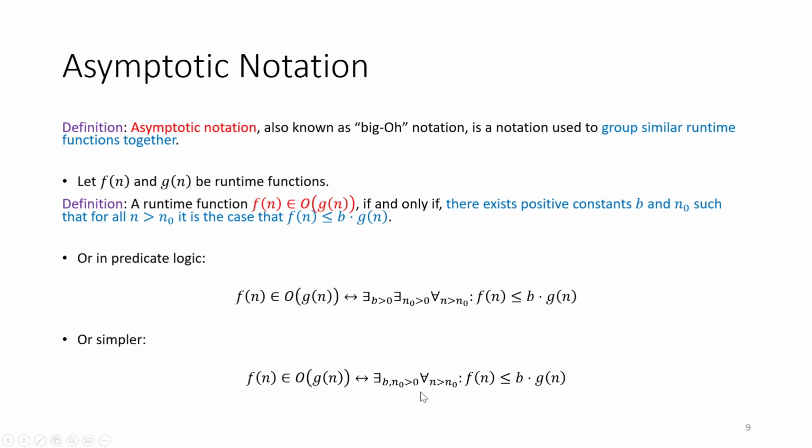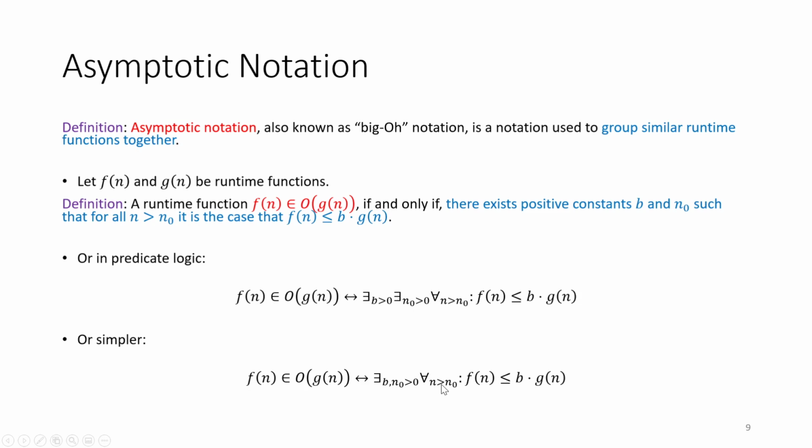Why n naught? It's playing a slightly more subtle role here. What is this business about n naught? Well, first of all, n naught is some number bigger than 0. It's positive. And we're saying that this condition only has to hold for all of the n's larger than n naught. Okay, well, what candidates are there for this n naught?